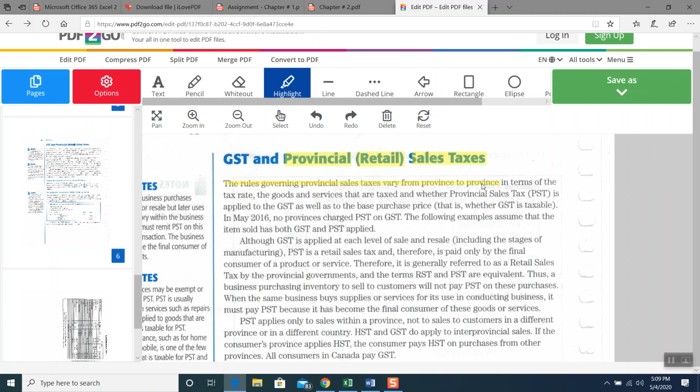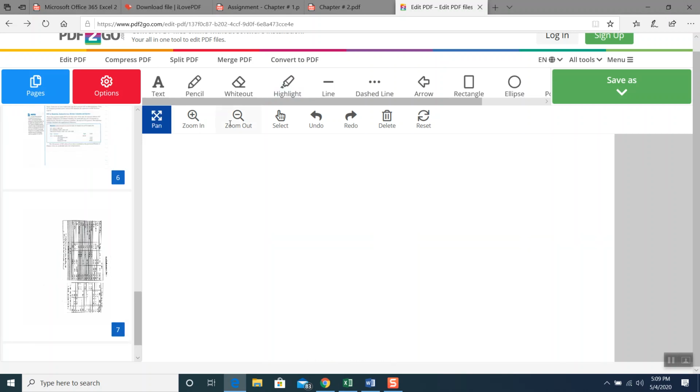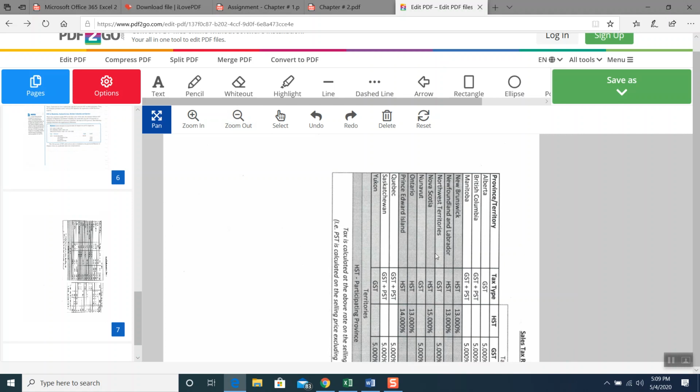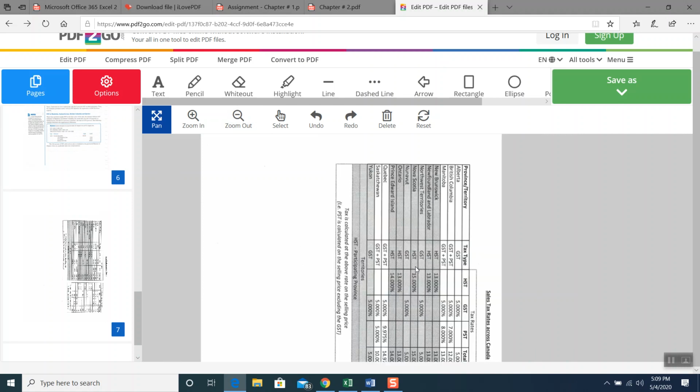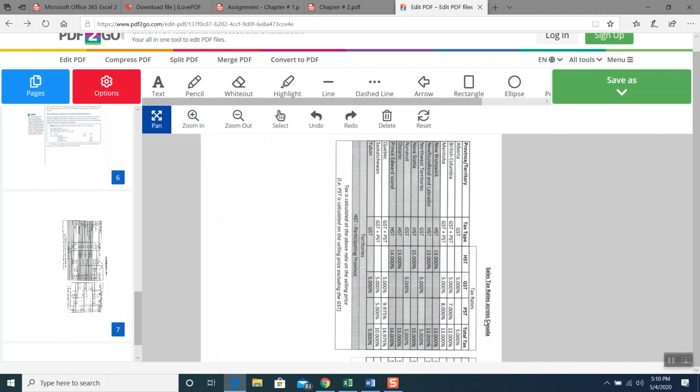You just have to memorize your own province where you live in, or whatever you're interested in. If you take a look at the last page in here, you have been given a complete sheet which says sales tax rates across Canada.